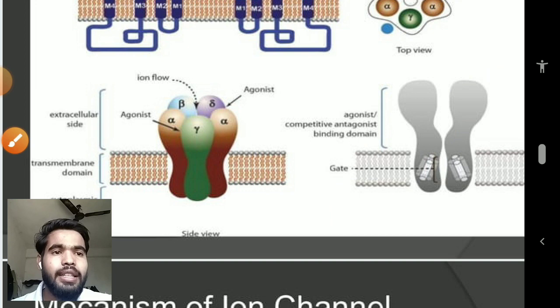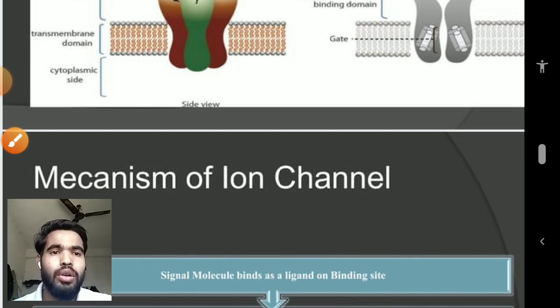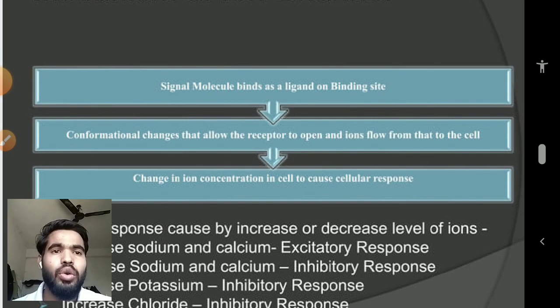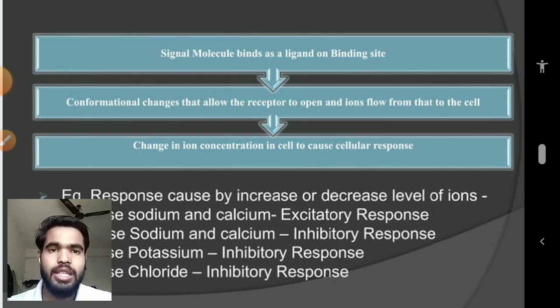Inside the cell the concentration of sodium ion increases, which causes depolarization that results in the development of an action potential. When the action potential develops, the transmission of impulses from one neuron to the next neuron takes place.